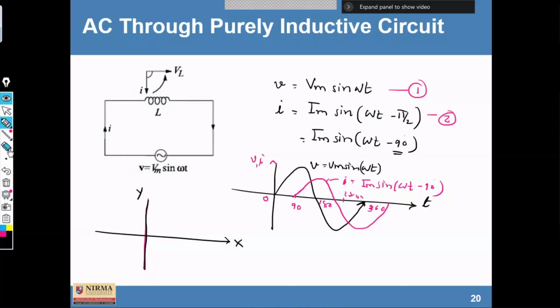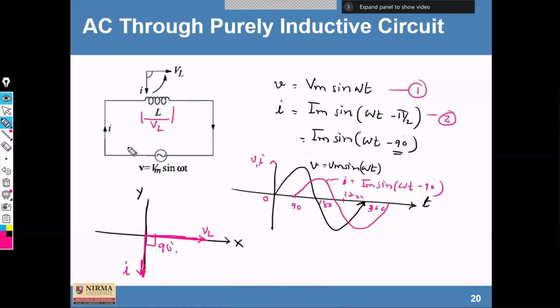Now the voltage vector is a horizontal vector VL, because whatever the drop across this inductor is VL. And the current, which has a difference of 90 degrees lag, we can represent as the current vector 90 degrees lagging on the downward side, current I. So the angle is 90 degrees.